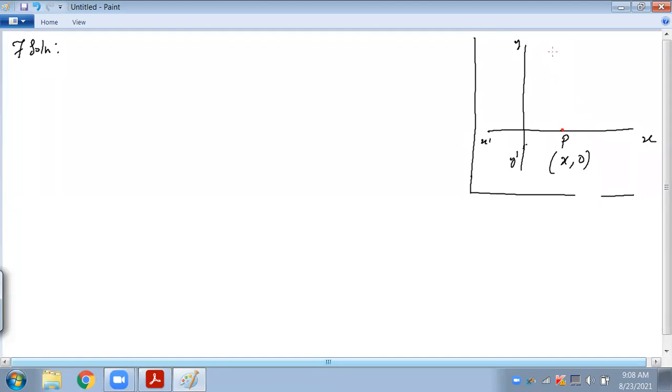Now this point you have to find, and it is equidistant from the other 2 points A and B. So if you join it, the distance between the point A and P is equal to what? B and P. And A is say 2, minus 5, and B is minus 2, 9.